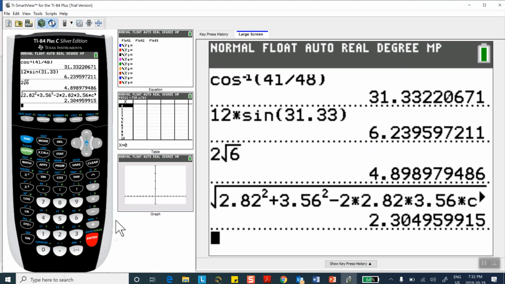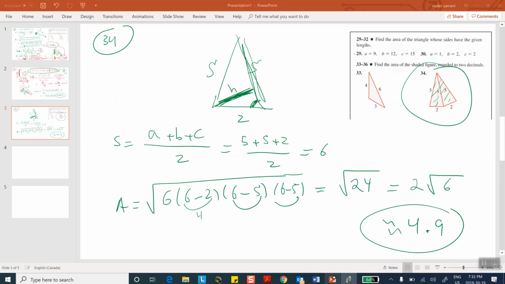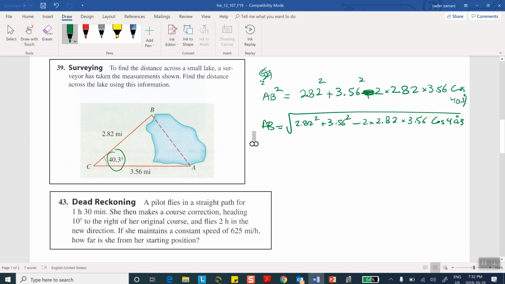So that is 2.3. If I round to the second digit, this is approximately 2.30 miles.